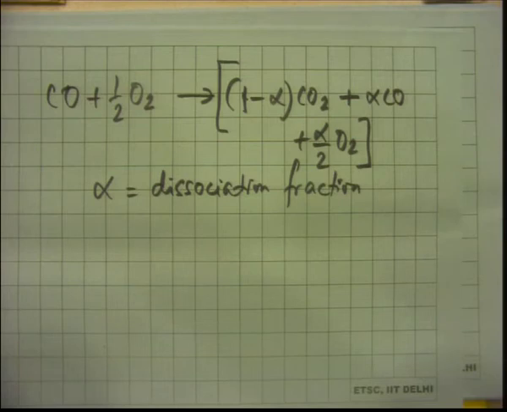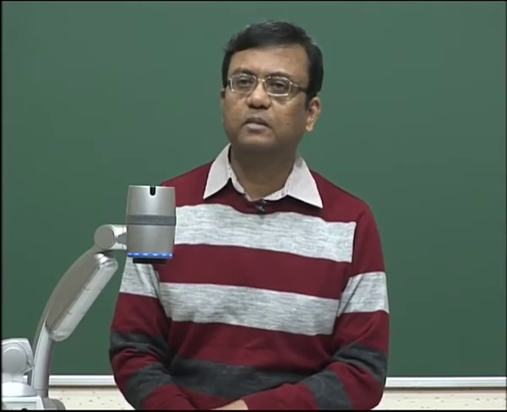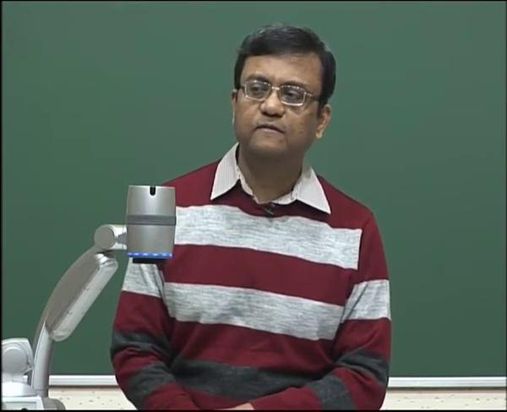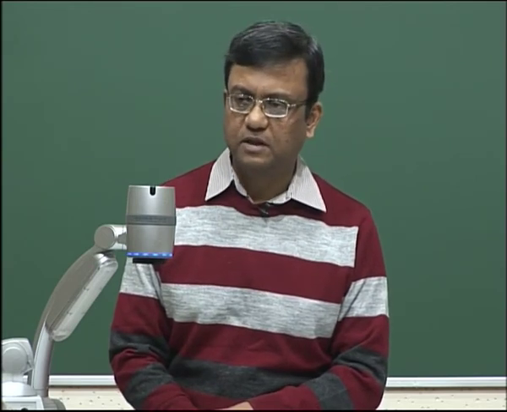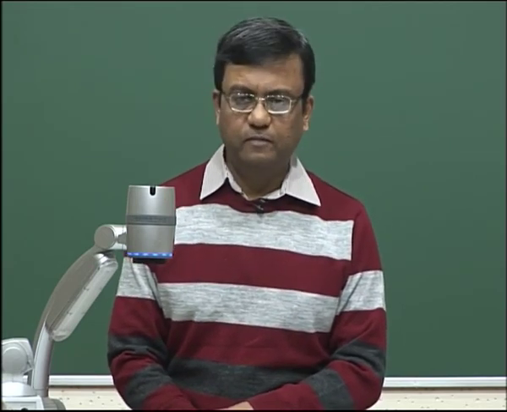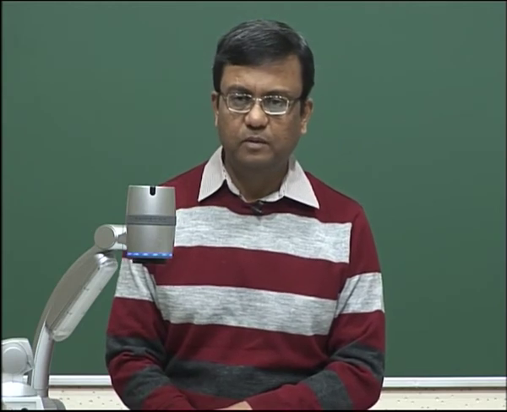So, how to get alpha is the next question. Now, if you want to get alpha, then you have to make the assumption that chemical equilibrium will take place. In fact, chemical equilibrium will take place if you leave 1 mole of CO and half mole of O2 together in a vessel, and if you wait long enough, it will reach chemical equilibrium.